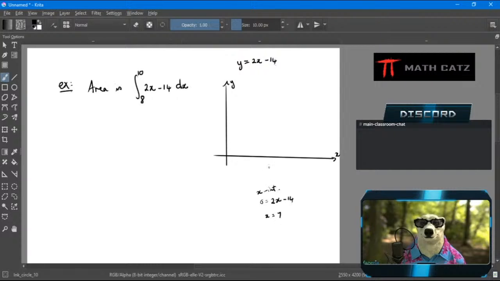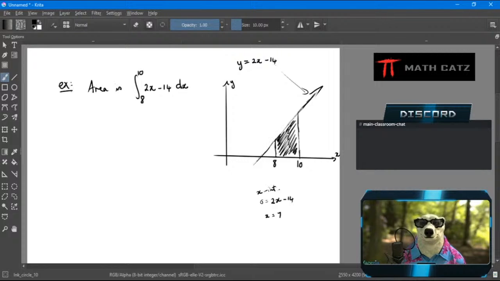Okay, so my x-intercept is 7. I'm coming through the x-axis. There's my line. 8 is going to sit over here, let's say, and 10 over there. There we go. 8 to 10. And I'm interested in this area.